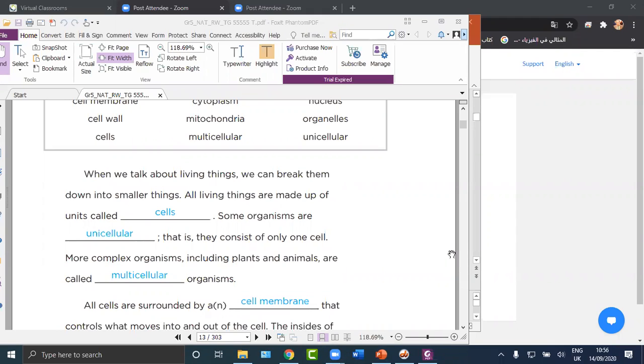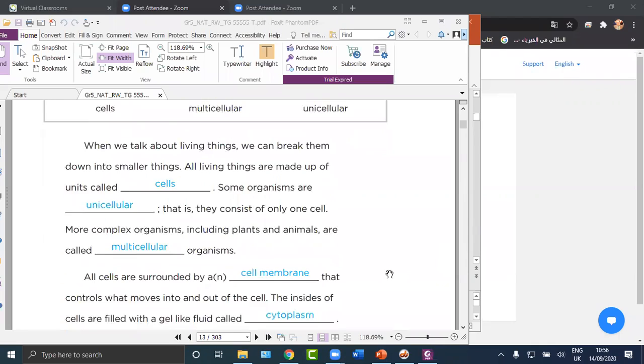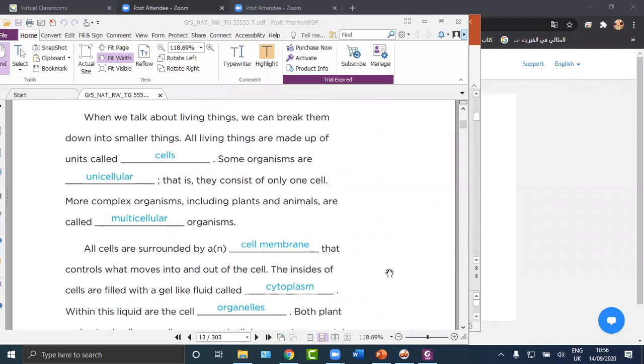Continue. Inside of cells, cells are filled with a gel-like fluid called cytoplasm. Continue. Within this liquid are the cell organelles. Organelles, yeah.